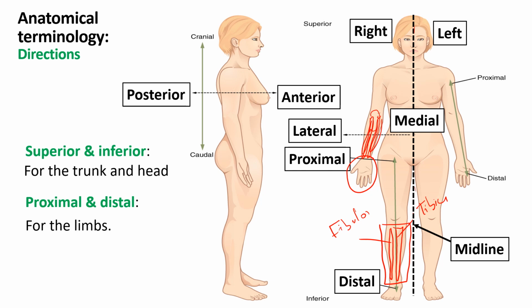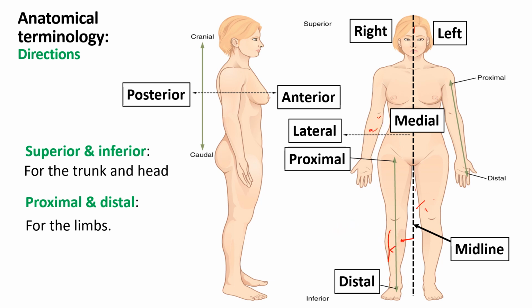Because we have two bones in the leg, in order to define which is medial and which is lateral, we say that the fibula is the lateral bone of the leg because we have another bone in the leg that is more medial than that. Therefore, the fibula is the lateral bone of the leg because it's the farthest away from the midline if we compare it against the tibia, which is closer to the midline.